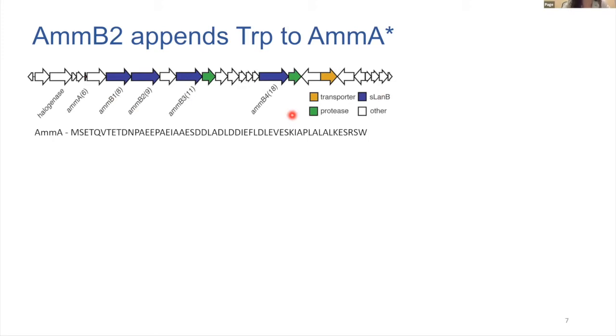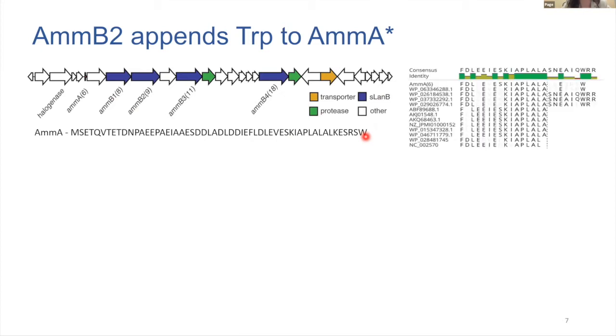We conducted a series of experiments truncating the peptide to see if one of the PEARLs would add the tryptophan here, but nothing seemed to work. So we decided to compare the sequence of the precursor peptide from the ammosamides to other precursor peptide sequences that share high sequence similarity.